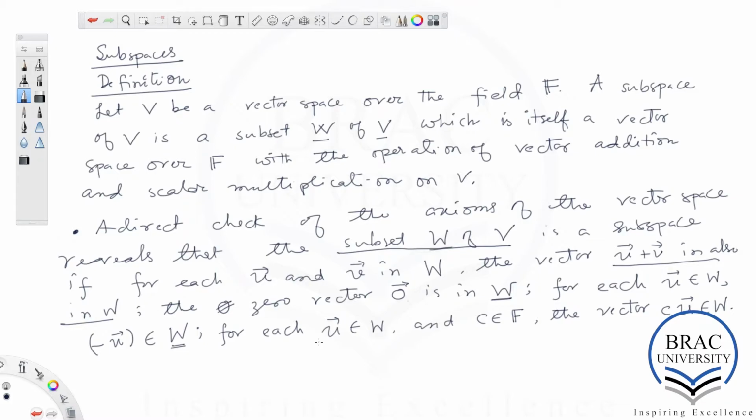Okay, if we check these things, and if these four things are satisfied, we say that the subset W is indeed a vector subspace of the given vector space V.